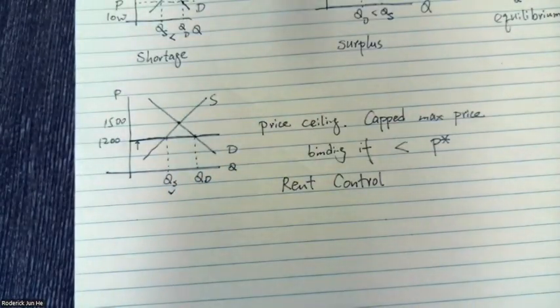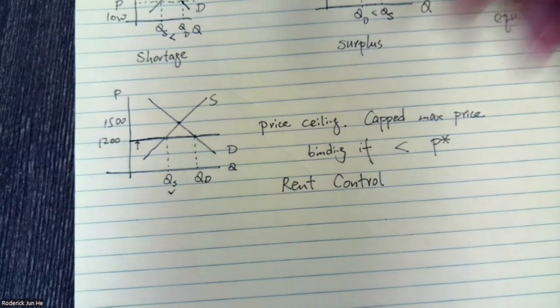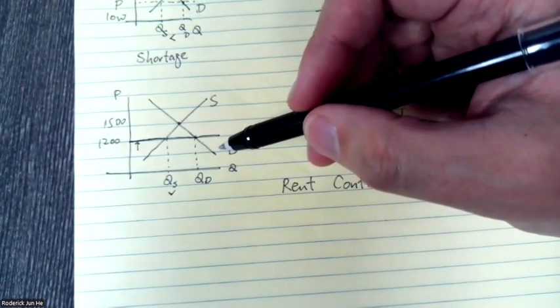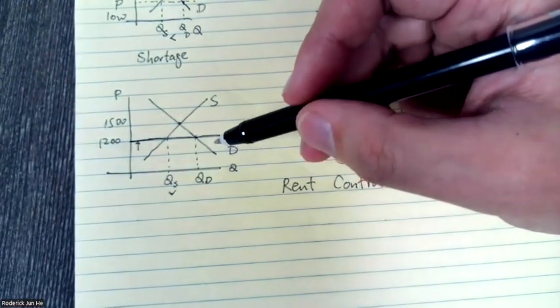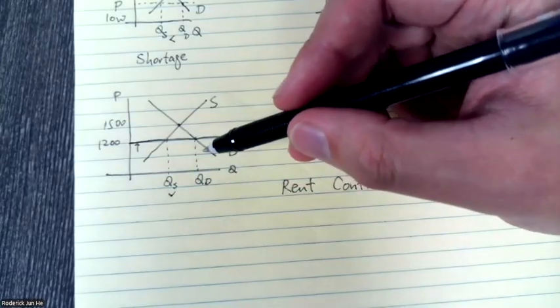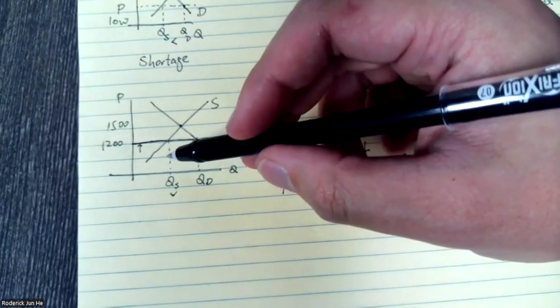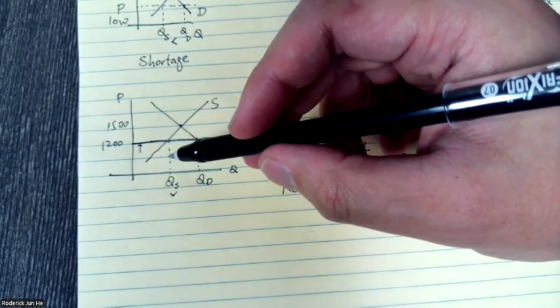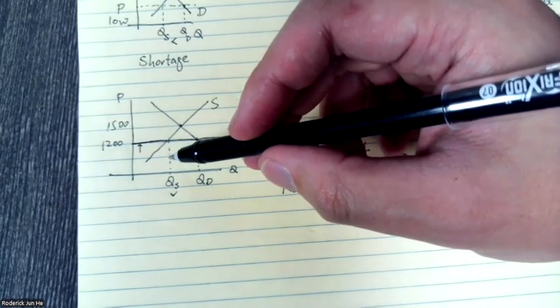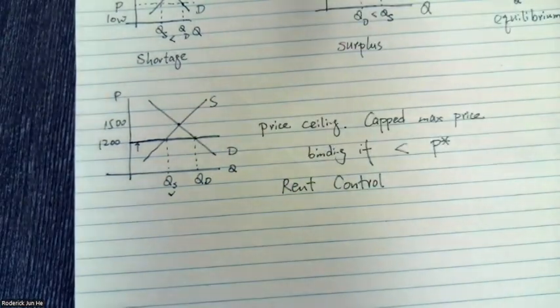Think about it. If it is only $200 per month, is there going to be a lot of people willing to buy it? The answer is yes. There's going to be a long queue. There's going to be a lot of applicants. Yet, will there be a lot of people willing to rent their house at such a low price? The answer is no, right? The low price hurts the incentive of the landlord.